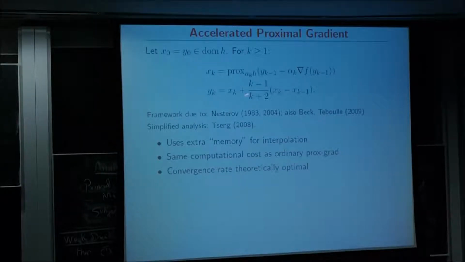This iteration depends on xk and xk minus 1. So these are called multi-step methods. It is a two-step method. You can imagine, if you wish to construct some crazy method, that you might want to use more than two steps. That doesn't really help, because already using two steps gets you to the lower bound. So two steps makes you optimal.